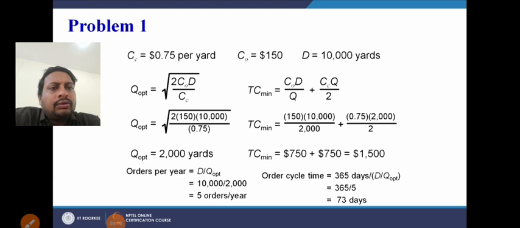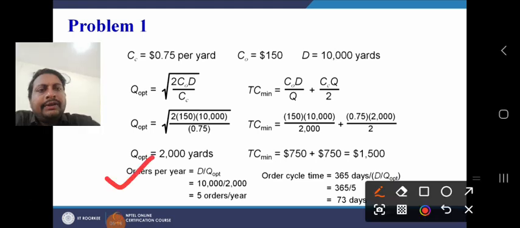Then the total inventory minimum cost equals 1500.